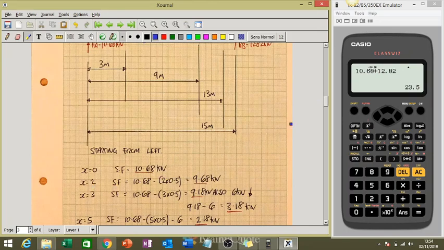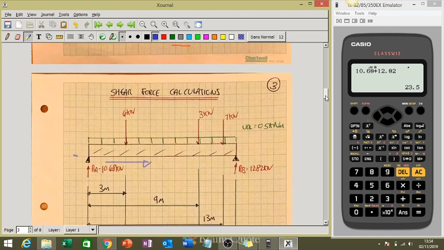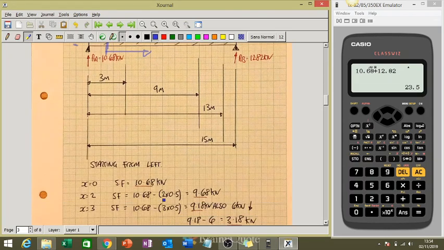I'll then come in to x equals 2. So all I can see at x equals 2, which is here somewhere, is that force coming up, and I can see 2 meters worth of this UDL. The UDL is 0.5, and we're 2 meters in, so 10.68 coming up, and the UDL 2 meters worth is coming down.